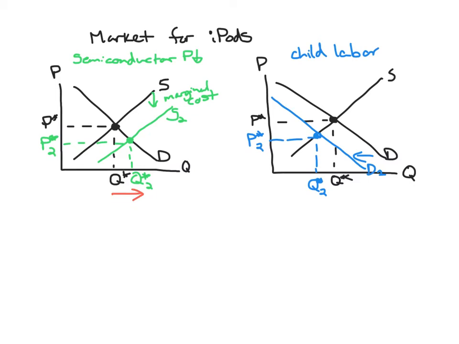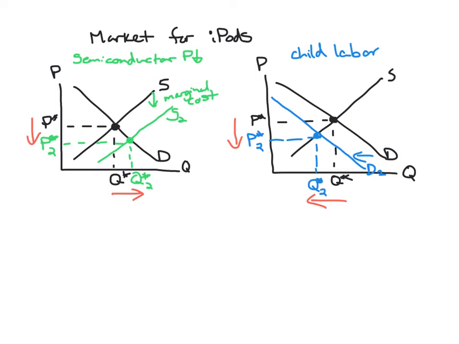All right, so looking at the net impact, we have an increase in the quantity due to the first factor, but a decrease in the quantity due to the second factor. We have a drop in the price due to the first factor and a drop in the price due to the second factor. So it seems pretty clear that the price is going down overall because both factors are contributing to a lower price, but the impact on quantity is unclear.